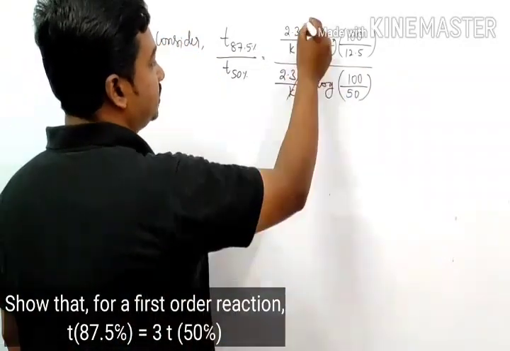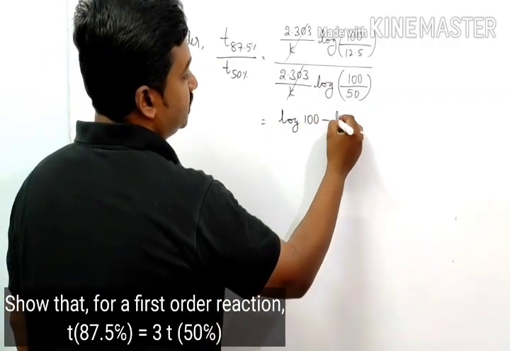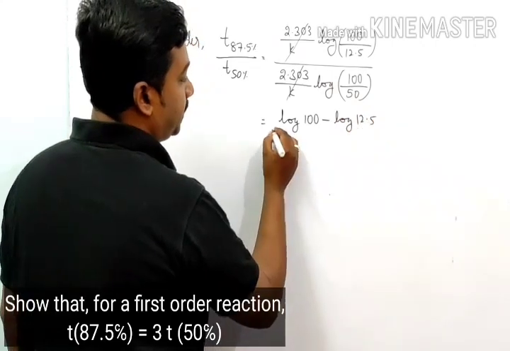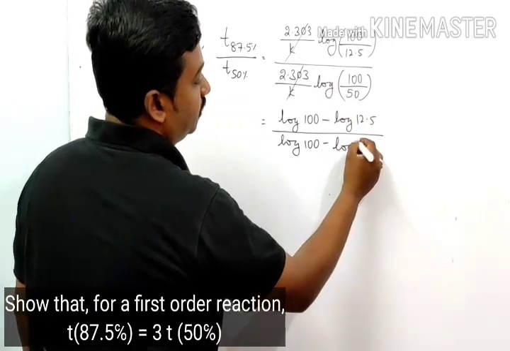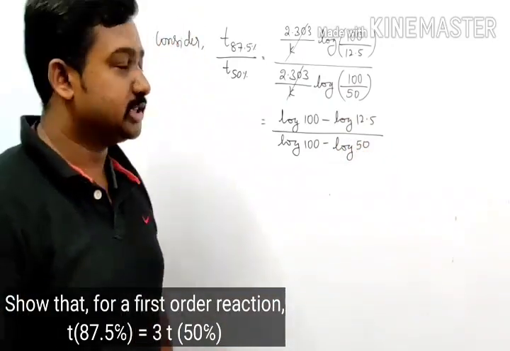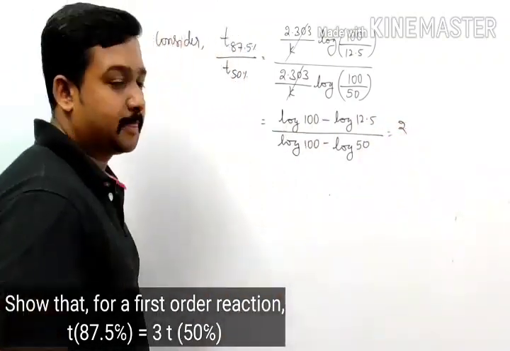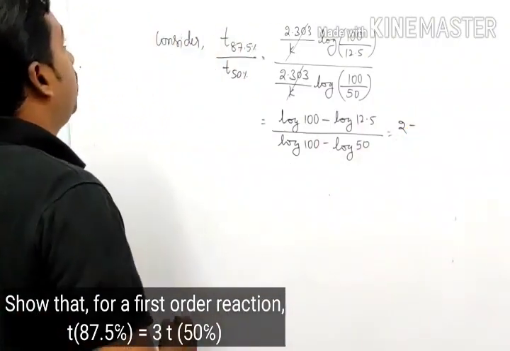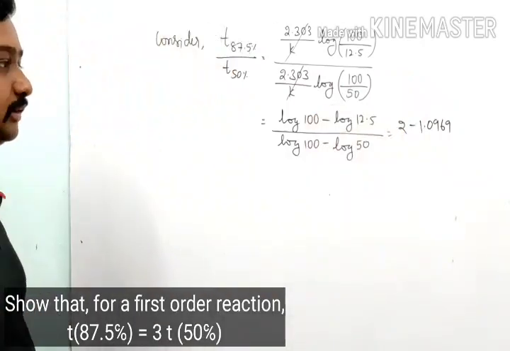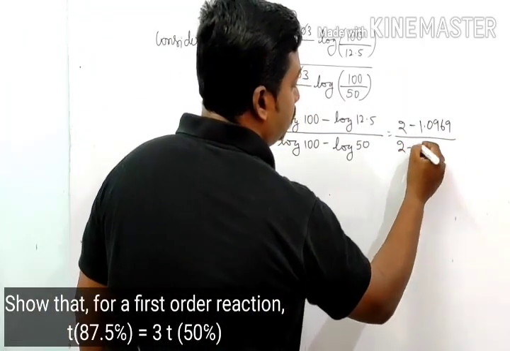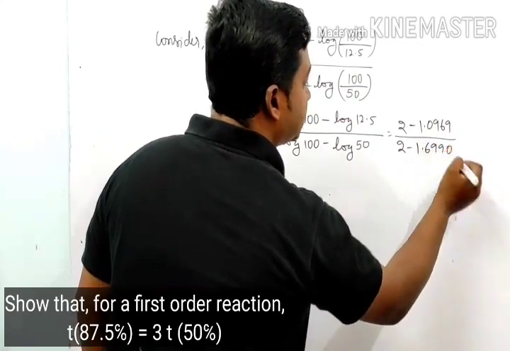Now these two values get cancelled. Then I got log 100 minus log 12.5 divided by log 100 minus log 50. This is based on the principle of logarithm. Now the values are log 100 is 2 simply, minus log 12.5 is 1.0969, divided by 2 minus 1.6990.